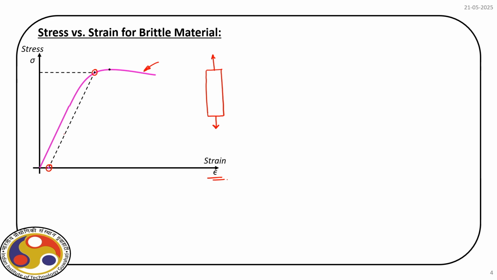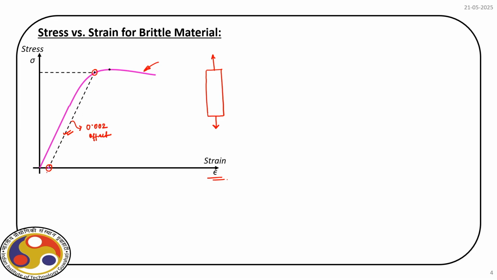Now, this line, the one shown by this black dotted marking, is parallel to the original stress strain behavior of the material, and this is what is called the 0.002 offset line.